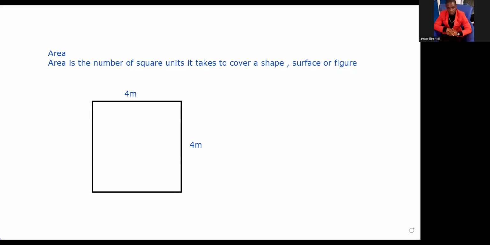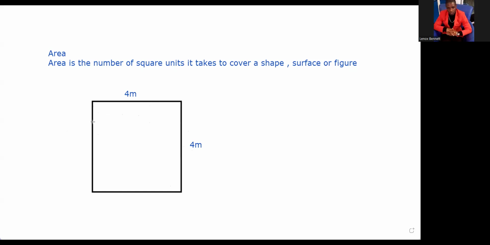Welcome, Xavier. Alright, so area is the number of square units it takes to cover a surface, a shape, or a figure, right? So what we're going to do now, guys, consider this 4 going across, 4 going down, right? So it's going to be 4 by 4.